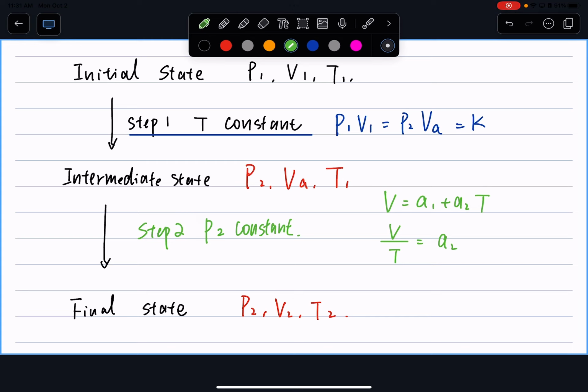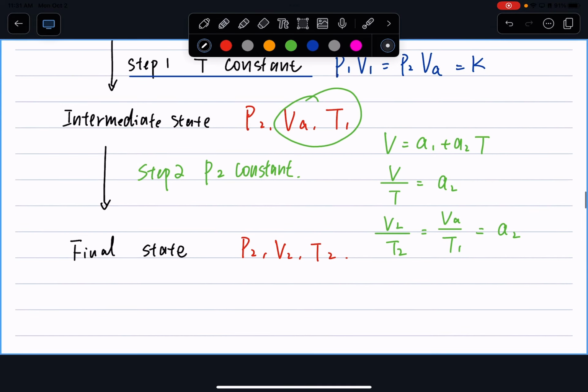Or in here, what we have is V2 over T2, that's your final state, equals to VA over T1, that's your intermediate state. And that gives you some constant A2. All right?